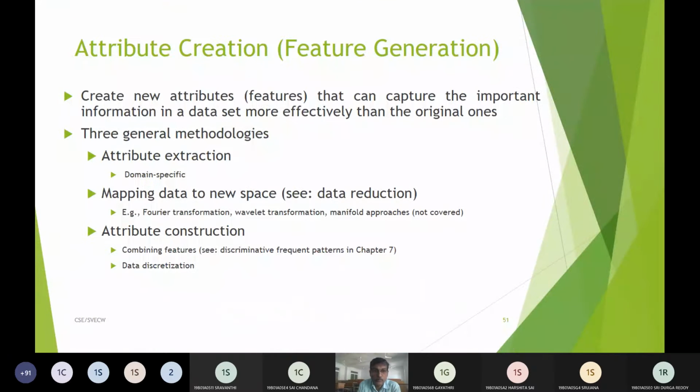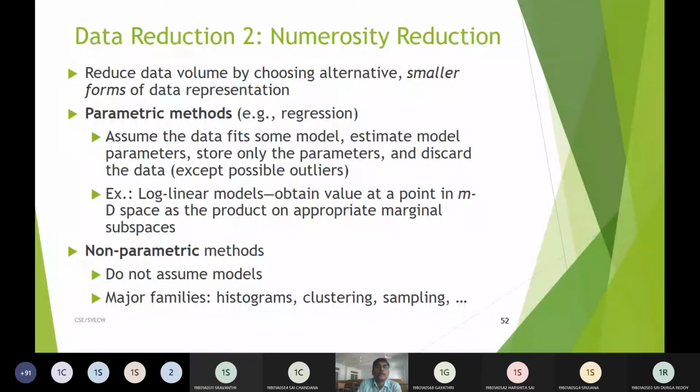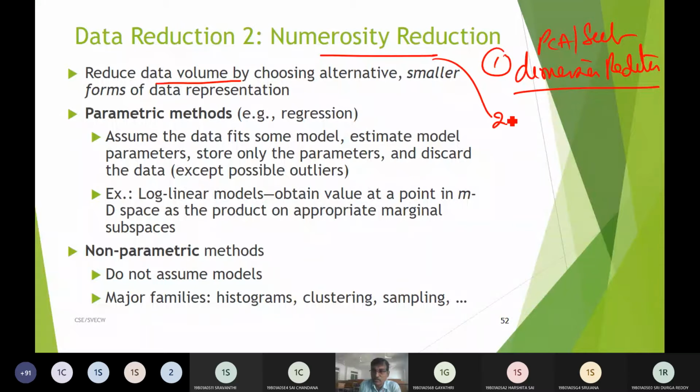Next comes the technique called numerosity reduction. In numerosity reduction, the major intention is to reduce the volume. Earlier, PCA and subset selection work on dimension reduction. Now we are going to work on numerosity reduction.